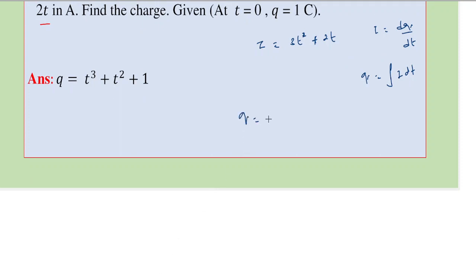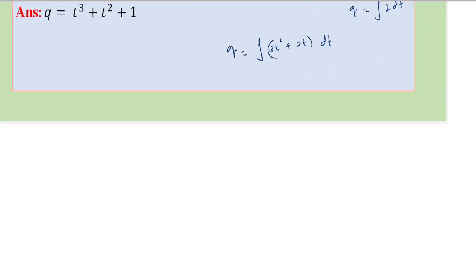So here q is equal to integral of I, which is 3t square plus 2t, into dt. Again here we can break the terms. 3 comes out, that's a constant.